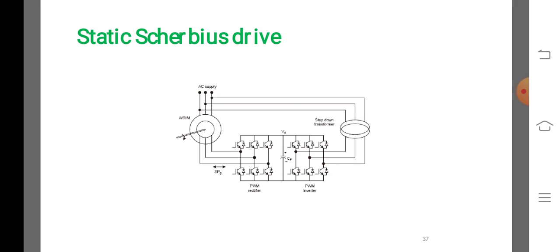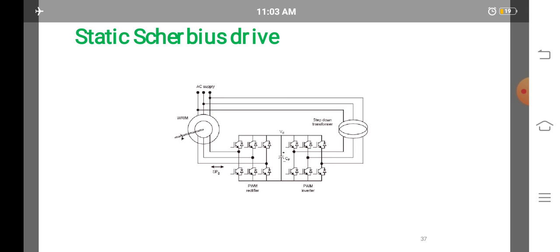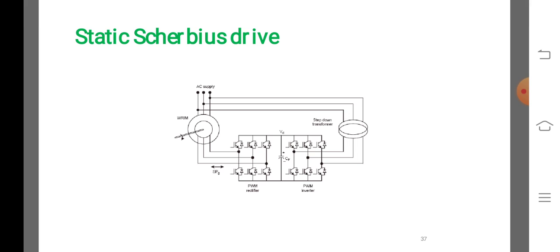In addition, true synchronous speed operation of the drive is possible when the cycloconverter operates as a rectifier to generate DC excitation current for the machine. During the drive operation, the cycloconverter output frequency and phase should closely track those of the rotor output.